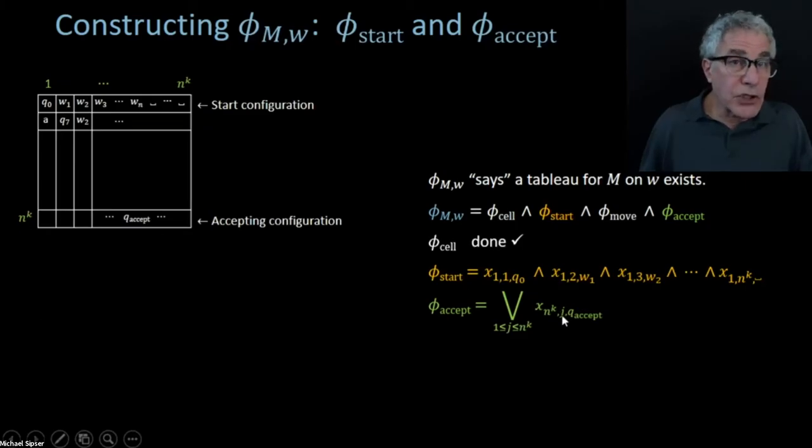And then I'm going to vary j from 1 to n to the k. So j, the column number, is going to range from 1 to n to the k. And I'm looking for that Q accept. So x n to the k j, where j is varying, and Q accept. One of those has to be true. One of those has to be turned on. And so that's why it's a big OR.